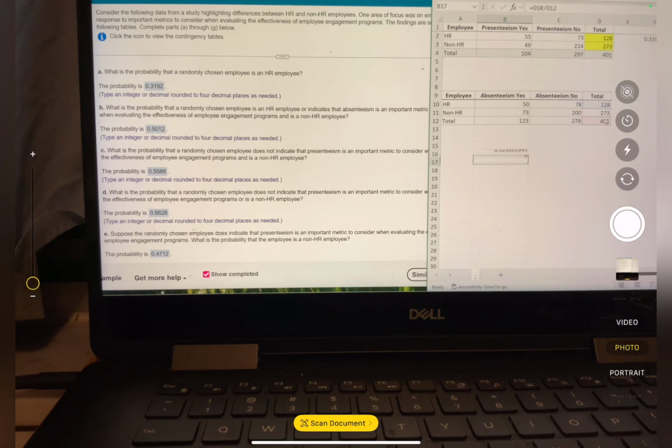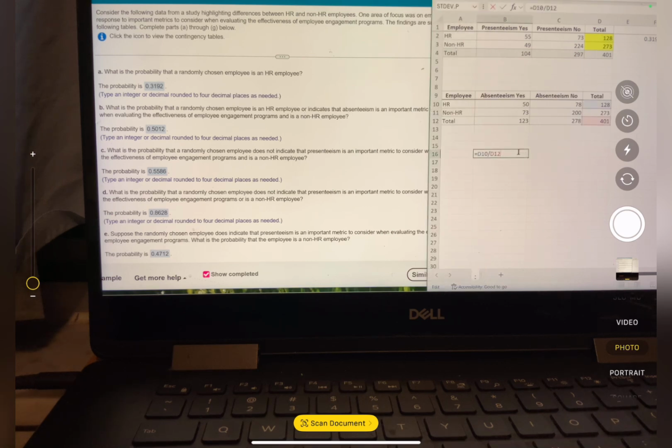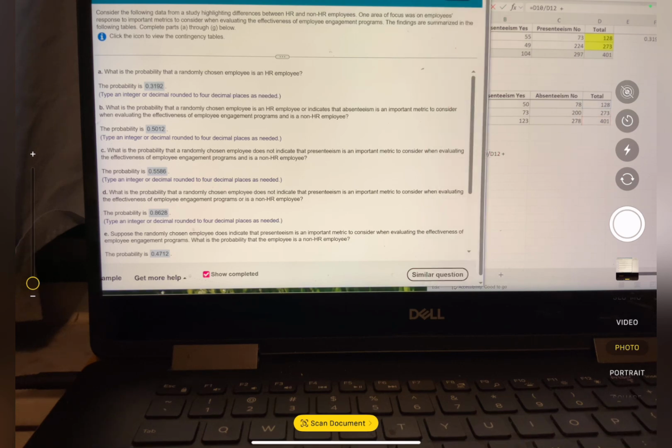Okay, and then it says or, that means I have to put plus here, because when you have or, we are doing plus. Where is it? Here it is.